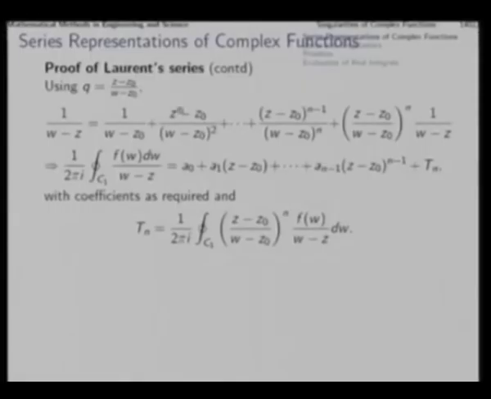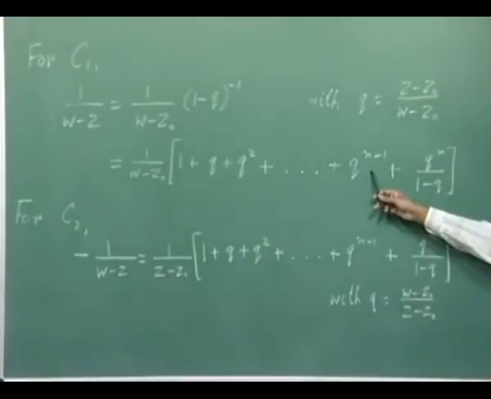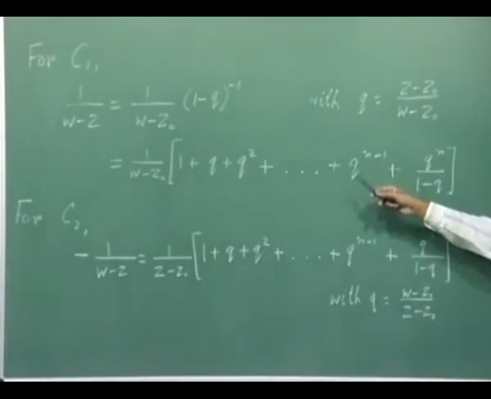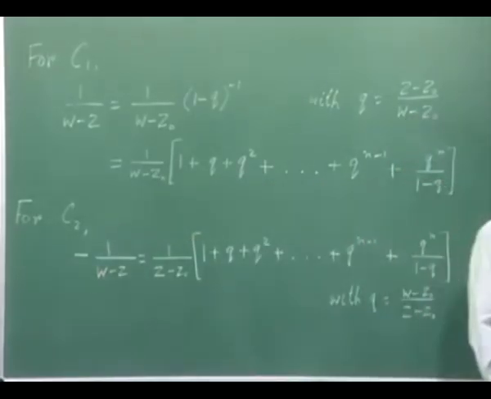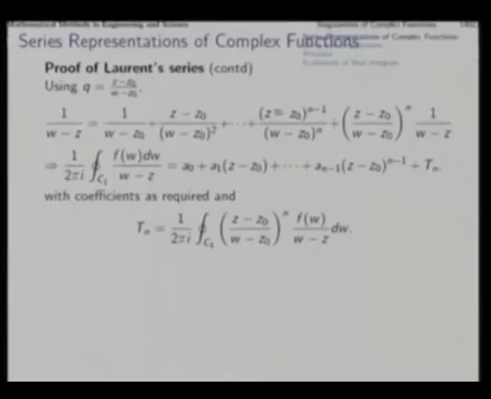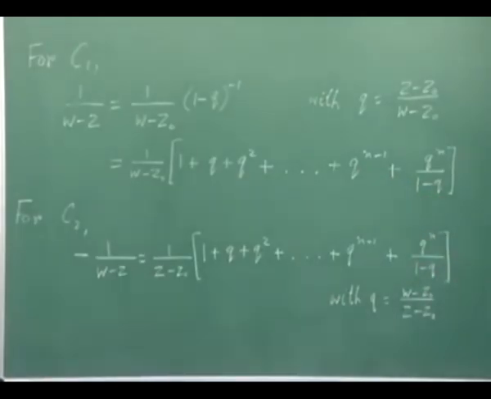So, we will have z minus z0 whole square divided by w minus z0 whole cube, and so on, it will go on continuing till this point. Okay. That is q to the power n minus 1 by that outside w minus z0. So, that will be z minus z0 to the power n minus 1 divided by w minus z0 to the power n, one extra power in the denominator because of that term outside.